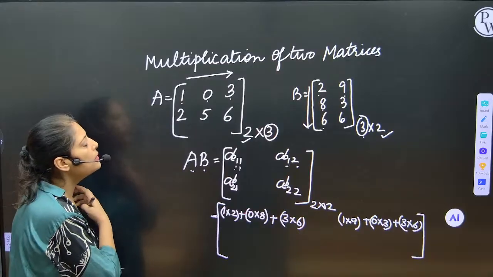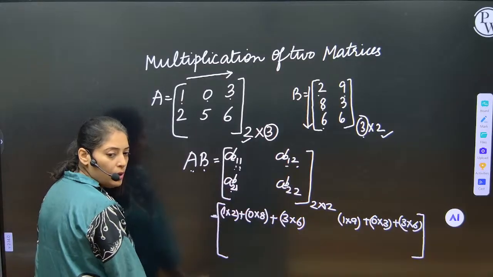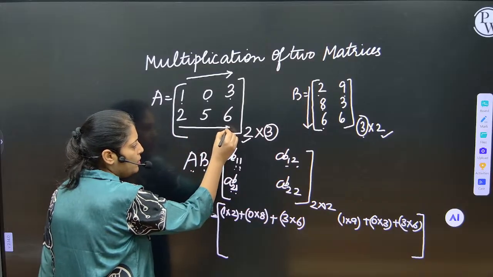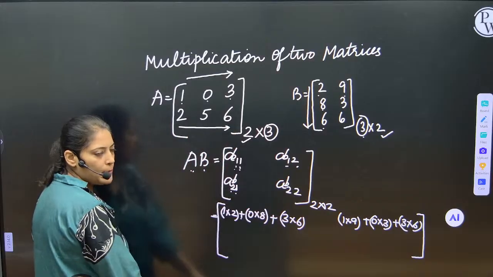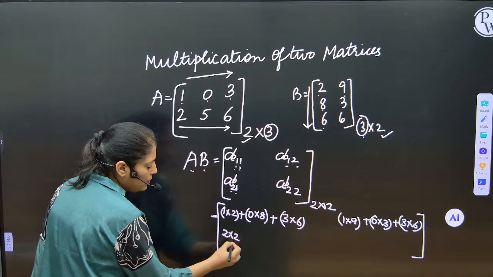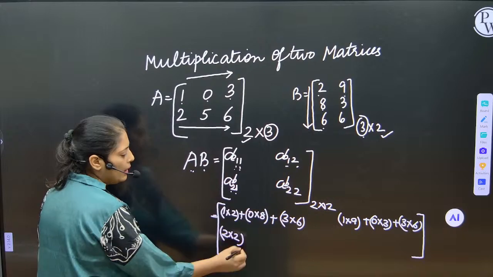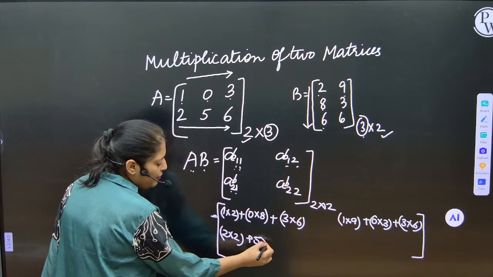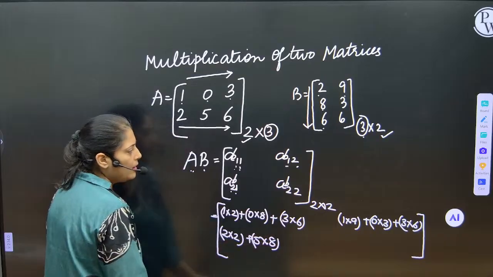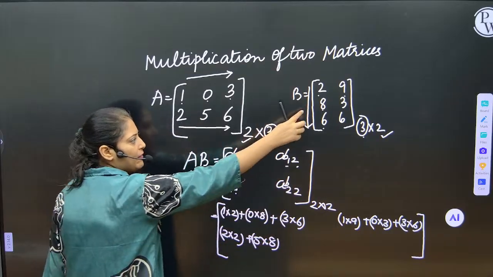Next, what does it mean? Second row, first column. Now this is your second row. First column is already there. So 2 into 2 plus 5 into 8. As we are proceeding to the next element, we have to proceed to the next element.